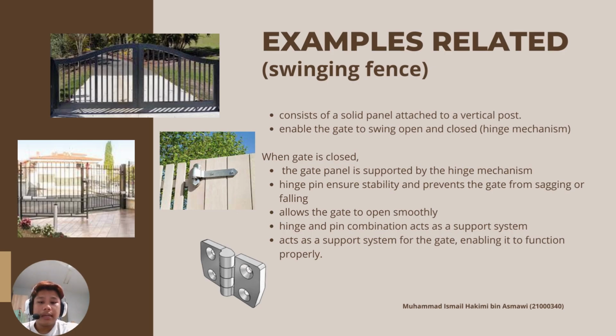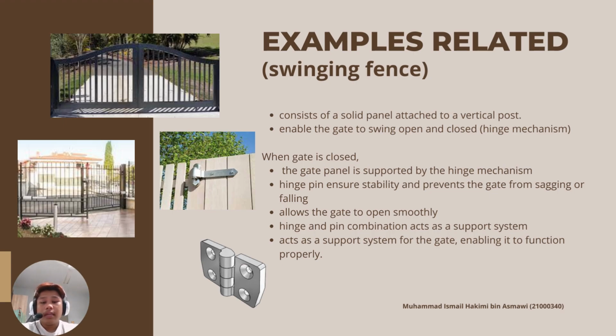These plates are connected by a pin that acts as the pivot point, and the metal plates and pin used in the hinge mechanism are typically designed to be sturdy and durable. They should withstand the weight of the gate and regular use over time without breaking or bending. The pin is inserted through holes in the plates, allowing the gate to rotate around it.